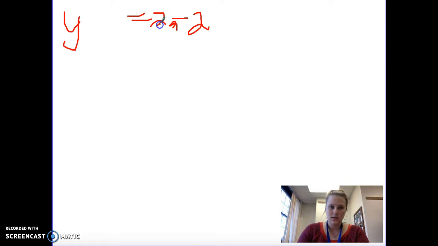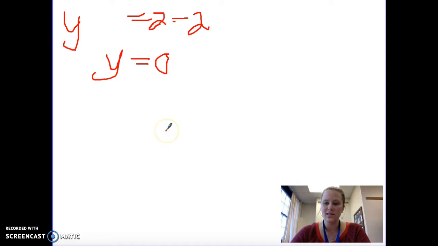All right? And so now we just use PEMDAS to solve, and since there's only one sign, we don't even need to use PEMDAS. So what's 2 minus 2? We know that that is 0. So y equals 0.